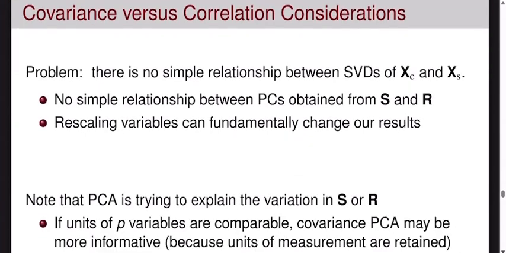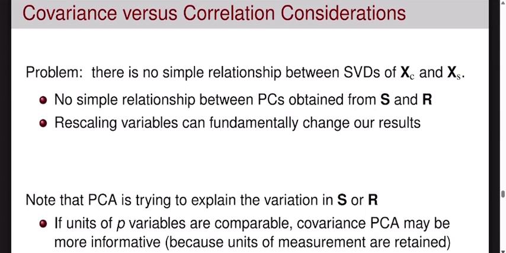Now let me tell you this. When you are working with principal component analysis, the input is either the covariance matrix or the correlation matrix. When do we use the covariance matrix? If all the features have the same unit or the same scale.